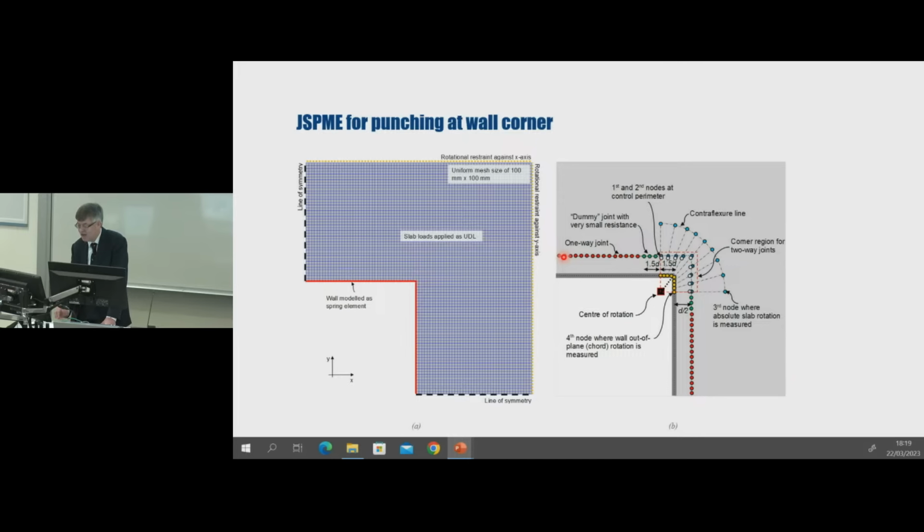Based on the studies we carried out using this model, we proposed a simplified method for checking punching shear at the corner of core walls like this.